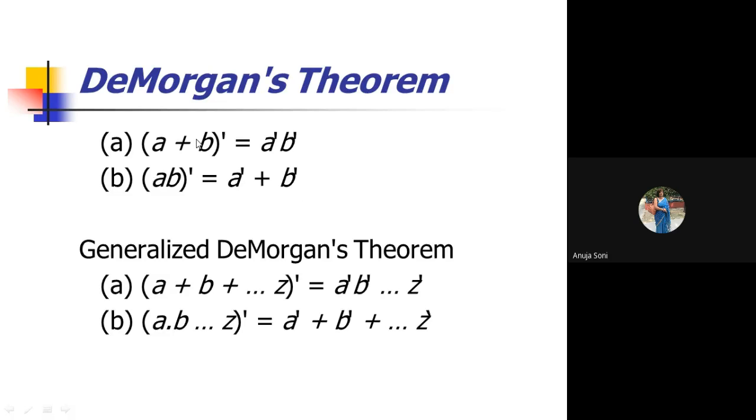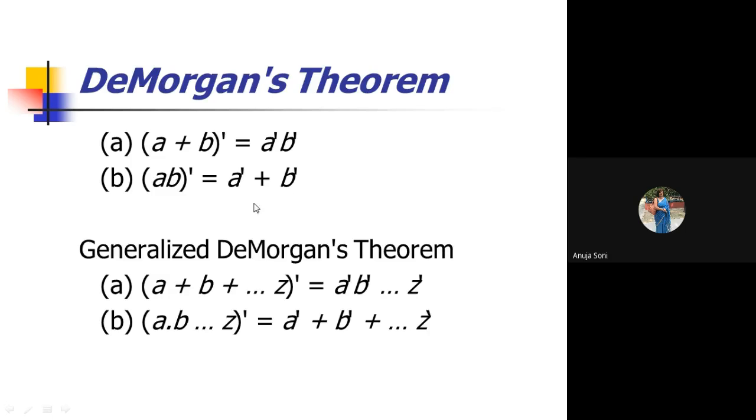Means in the first, A part, this logical OR will be replaced by AND and the complement will come inside individually to all the variables, so it will become a dash into b dash. And in the B part, (ab) dash will be equal to a dash plus b dash. Means this AND is replaced by OR, and this dash, which stands for the complement operation, comes over to each and every variable. So it will become a dash plus b dash.